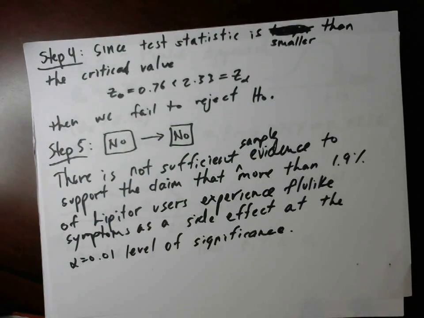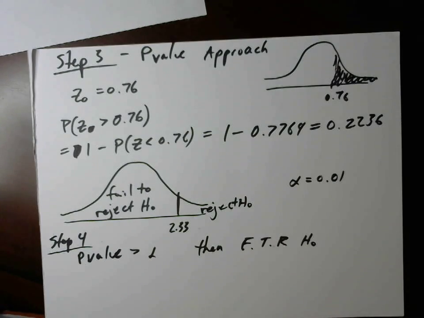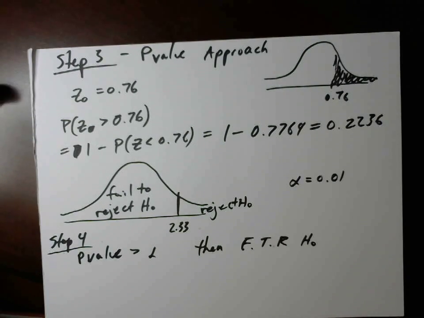We're done. So, two different approaches, and they're both legit. Whether you do the classical approach or the p-value approach, you'll always get the same result in regards to fail to reject or reject H0. They agreed with each other; we were failing to reject in both approaches.